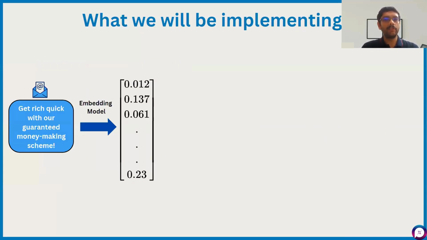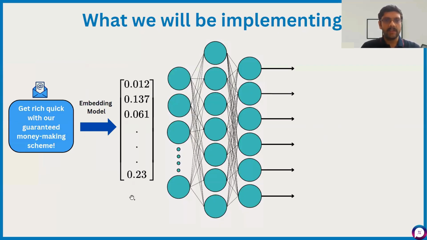What we'll be implementing through this series is taking the data and passing it through an embedding model. We won't implement the embedding model. We'll use the sentence transformer model, but you'll see how to do that. We'll then build the neurons and then build the network, and we're going to build that from scratch. We're not going to use PyTorch or TensorFlow or anything like that. Again, the idea is to give you a review and a feel for how these neural networks work.